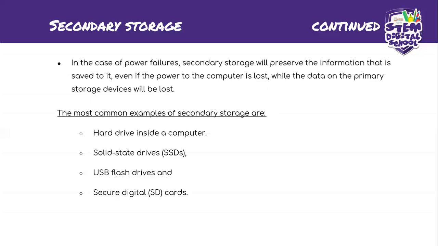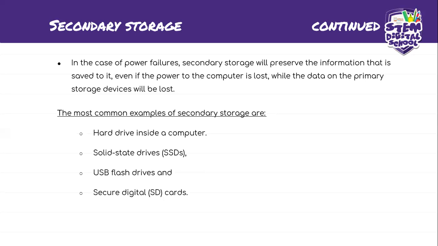Now, I want us to look at the most common examples of secondary storage. One, the hard drive. The hard drive inside a computer is the first on our list.